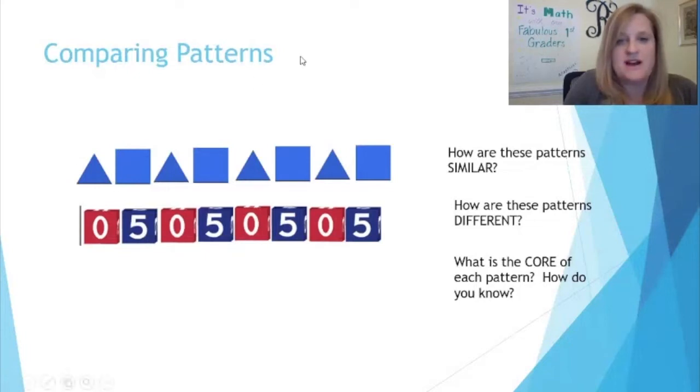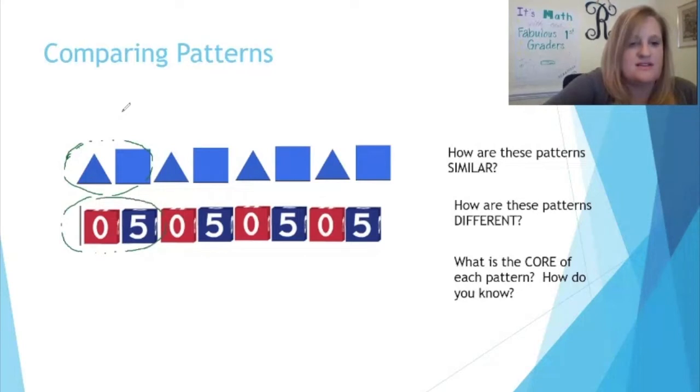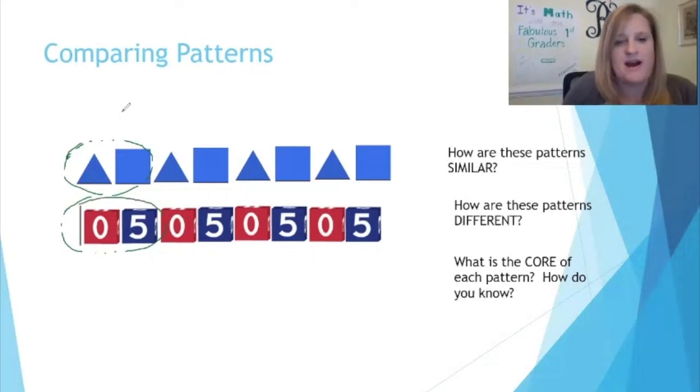If I wanted to identify the core, circle what you would put as the core. This is the core to the shape pattern. This is the core to the number pattern. Now, tell me how these patterns are different. Right.